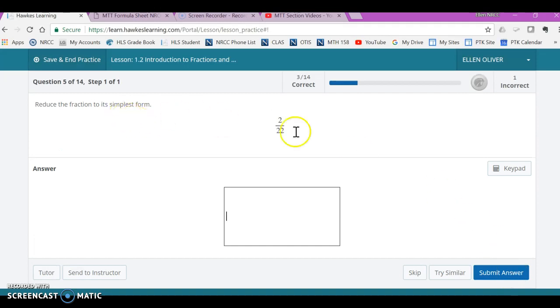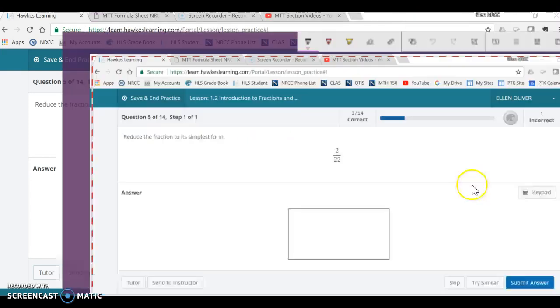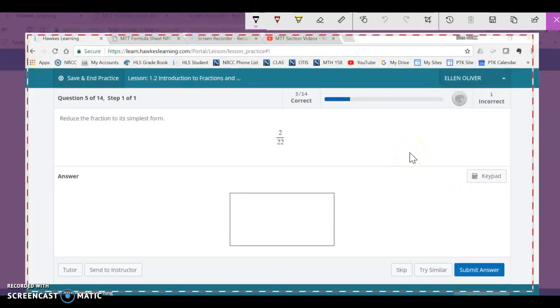All right, reduce. So here is an example of when you need to write this in lowest terms. So I need to factor my numerator and factor my denominator. So what I'm going to do is 2 is prime, so I'm going to leave my numerator as 2 times 1. And my denominator is 22, which I know from the last section. I know how to do a prime factorization.